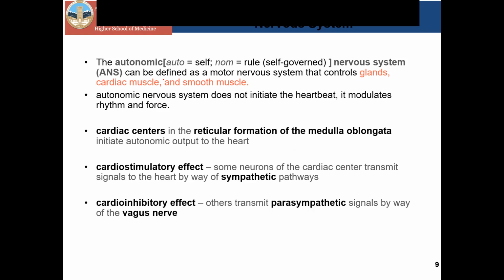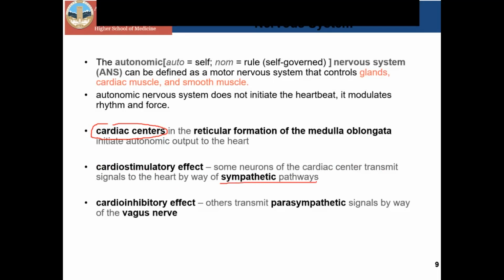Here, the autonomic nervous system can be defined as a motor nervous system that controls glands, cardiac muscle, and smooth muscle. Here we have cardiac centers, centers in the reticular formation of the medulla oblongata that initiate autonomic output to the heart. We have the cardiostimulative effect: some neurons of the cardiac center transmit signals to the heart by way of sympathetic pathways.